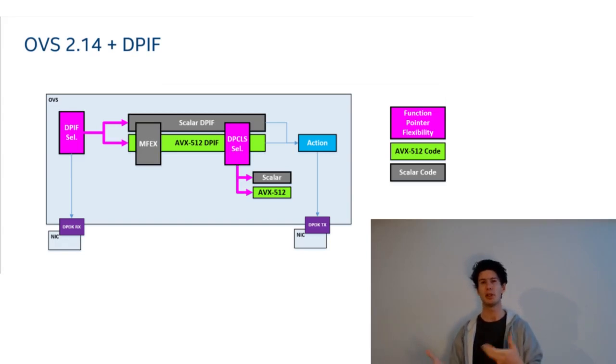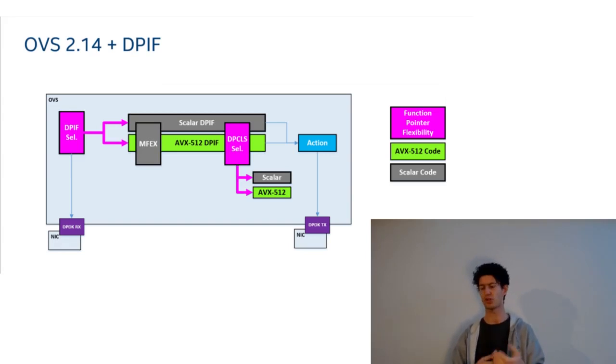That affords the CPU or the code some flexibility in how it does packet batching in particular. And there's some optimizations around how we lay out data structures and how we can use these CPU instructions to effectively and more efficiently batch packets. So that's the reason that this DPIF component will actually benefit from using AVX512 or from these optimizations.